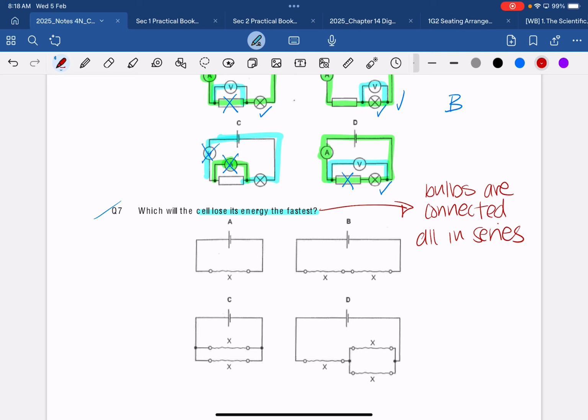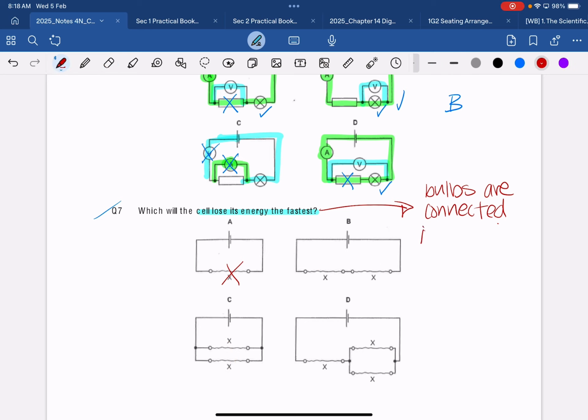So, which is the one? If you do not know, you just have to check. This one is definitely out, right? So you have 1, 2. Okay, this is parallel. Wait a minute. Lose energy the fastest. Oh, wait. I read wrongly.